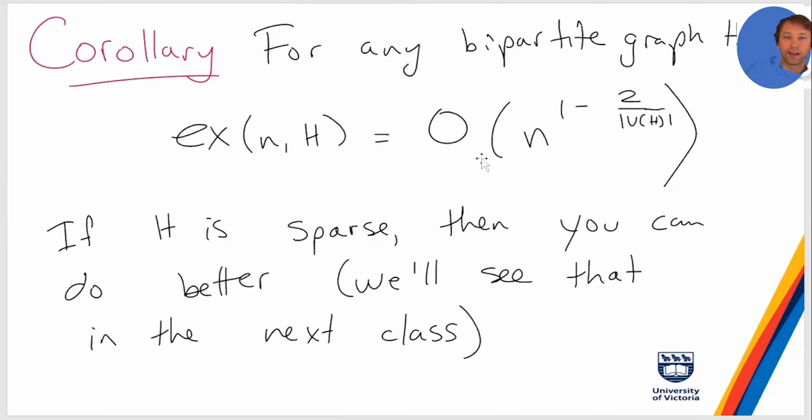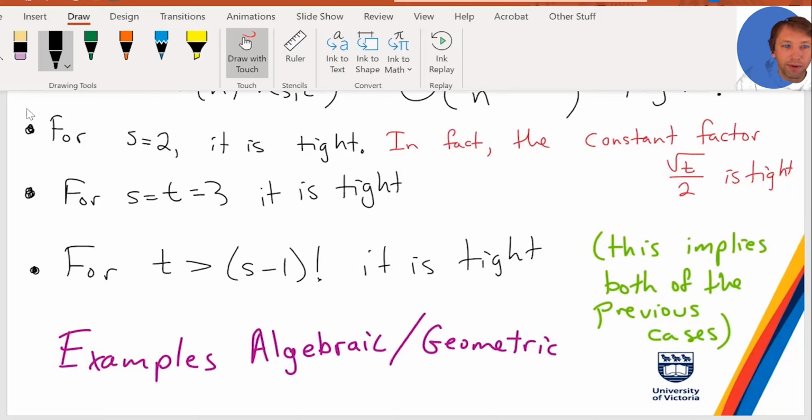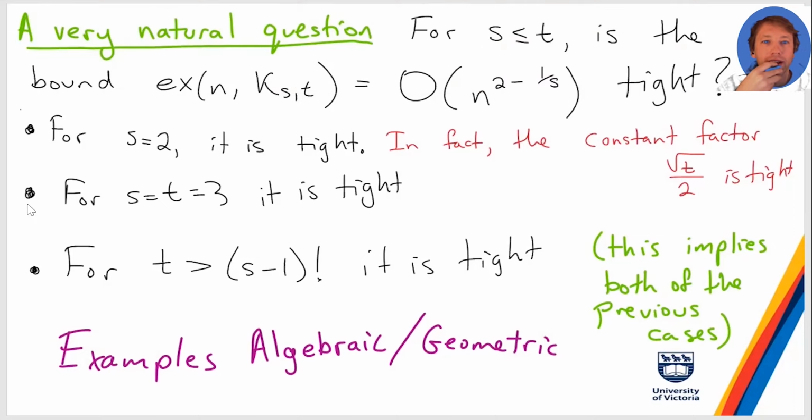Yes, let's address that question from before. A very natural question is, how good was this bound? We were a little bit wasteful because we upper bounded n choose s by n to the s over s factorial and stuff like that. But that wasn't a big issue. You can make things a bit tighter by keeping track of those things, but let's not worry about that.